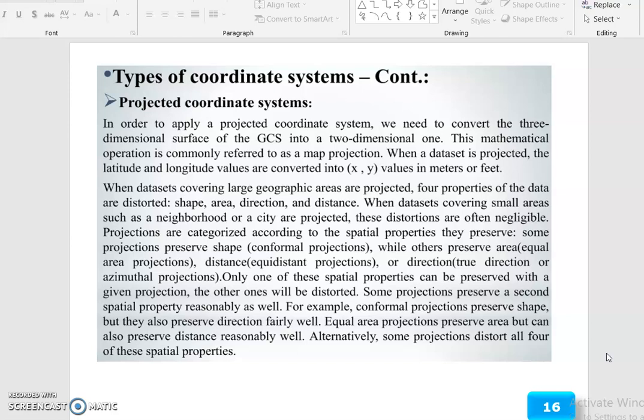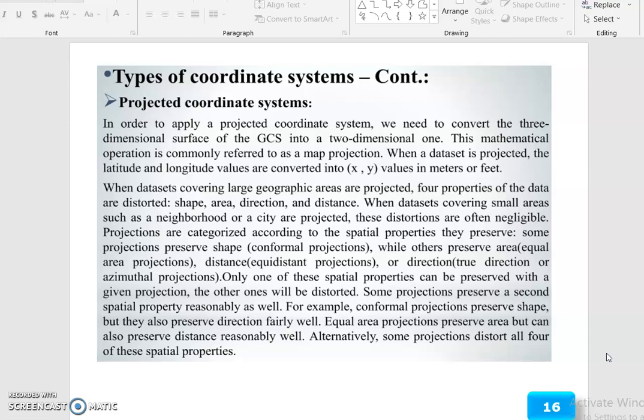Projections are categorized according to the spatial properties they preserve. Some projections preserve shape, conformal projections, while others preserve area, equal area projections, distance, equidistant projections, or direction, true direction or azimuthal projections. Only one of these spatial properties can be preserved with a given projection. The other ones will be destroyed.